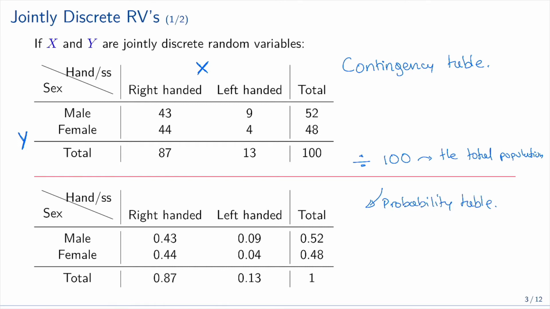So the values now add to 1, either the row or the column or the joint probabilities. These intersections represent the joint probabilities.